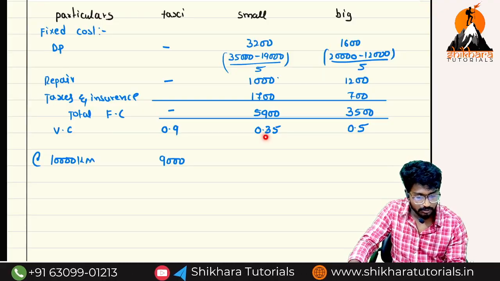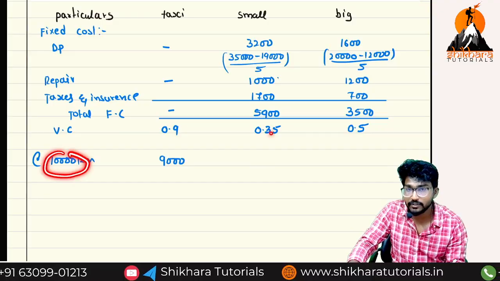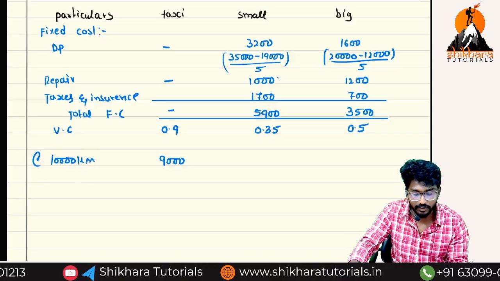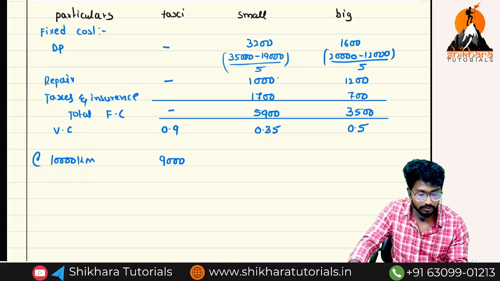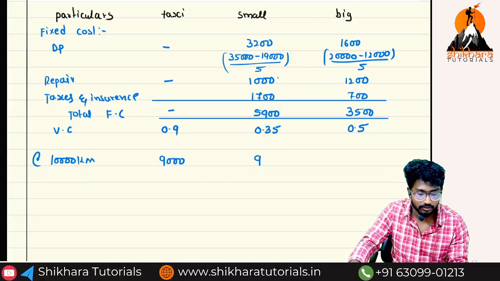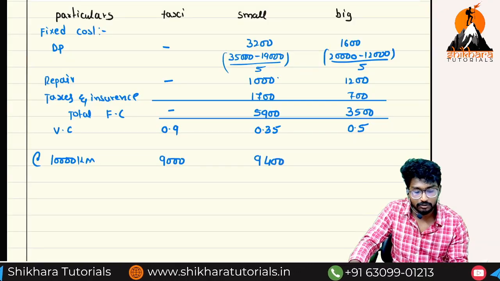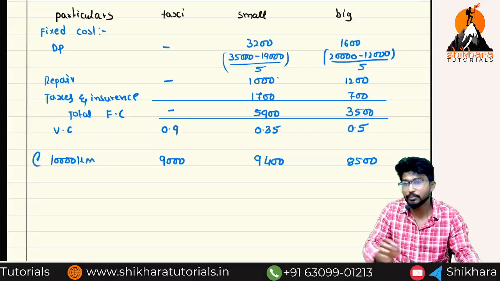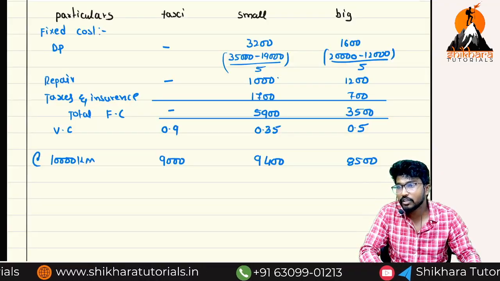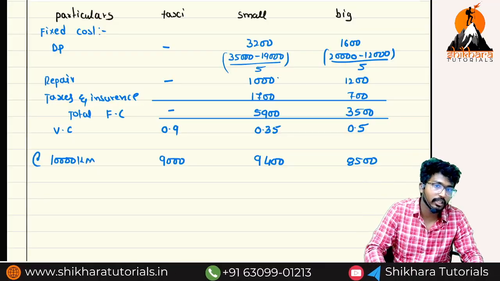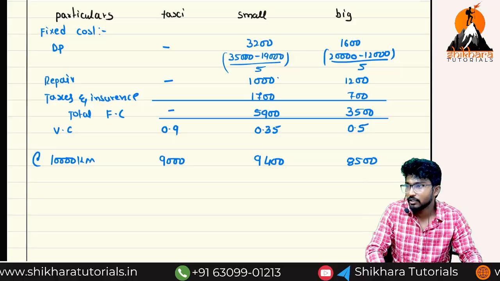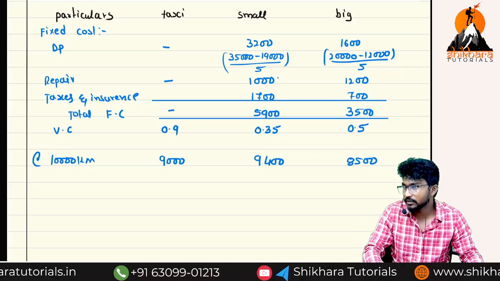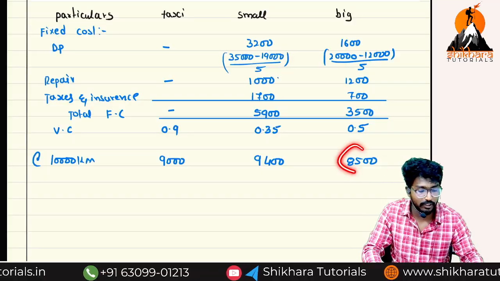Here, for the small car, the fixed cost is 5,900 plus the variable cost of 3,500, which is 9,000. For the big car, 8,000. Which car is cheap? Big car. If you purchase the big car and do 10,000 kilometers, your total cost will be 8,500 only.